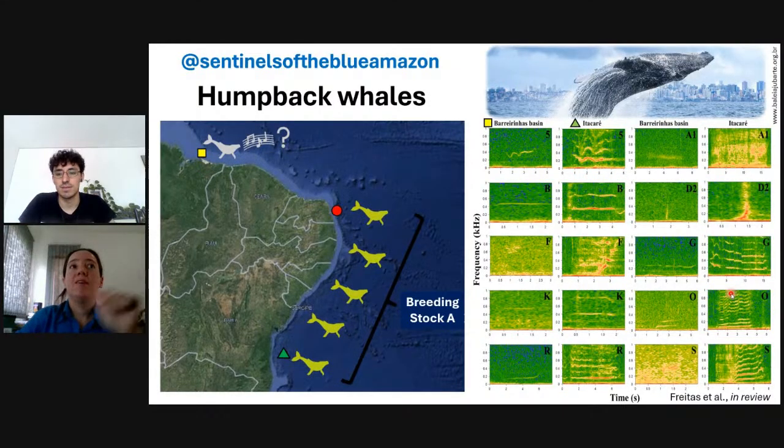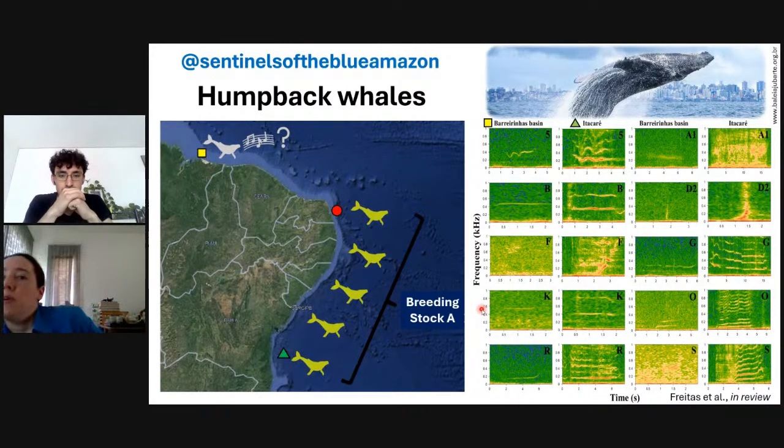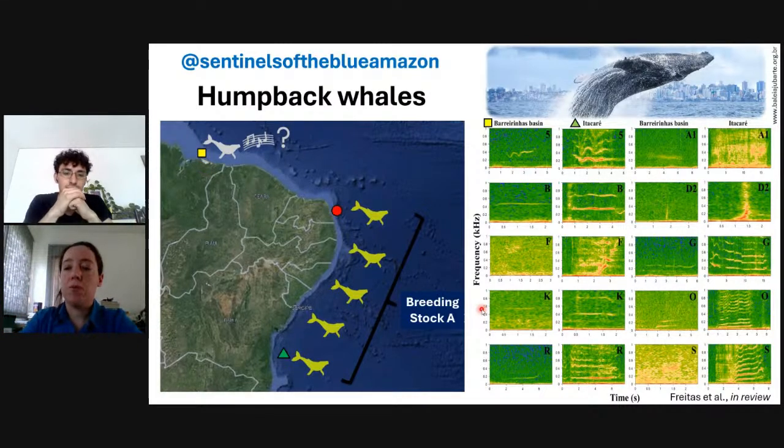So yes, the whales we recorded here were in fact from breeding stock A. So those are two examples of what we can do with bioacoustics and what kind of research we have conducted.